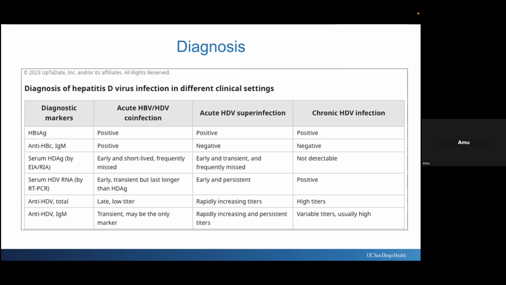Of note, serum hepatitis B DNA is not infrequently low or undetectable in the presence of chronic hepatitis D infection. It's been found that hepatitis D superinfection can suppress hepatitis B replication due to unclear mechanisms, resulting in a very low and sometimes even undetectable level of hepatitis B virus, as was seen with my patient.